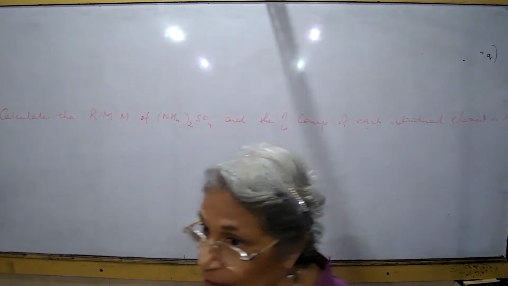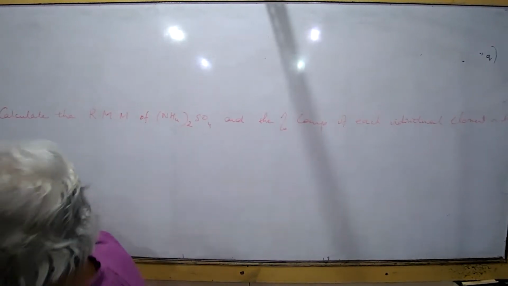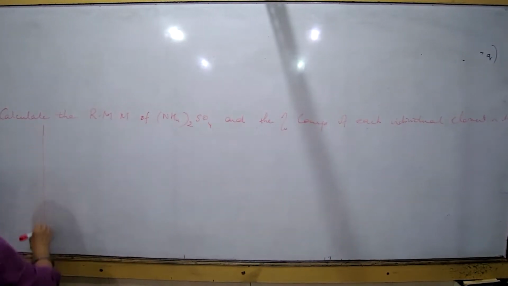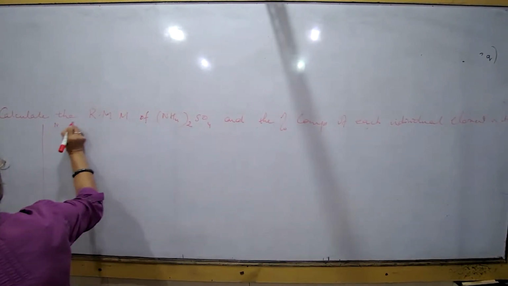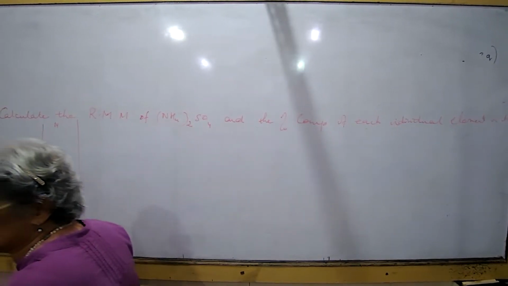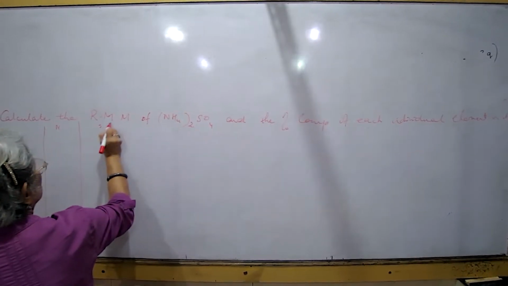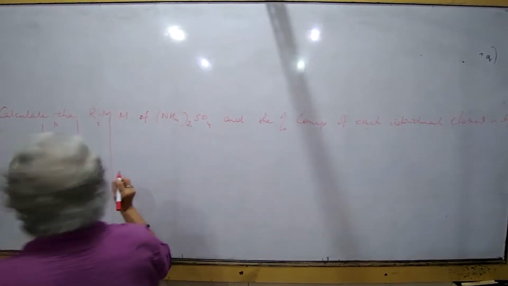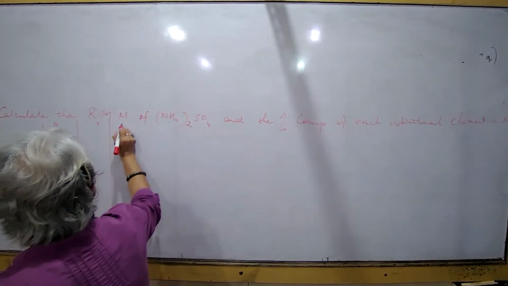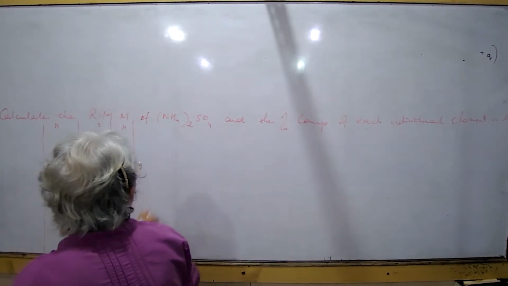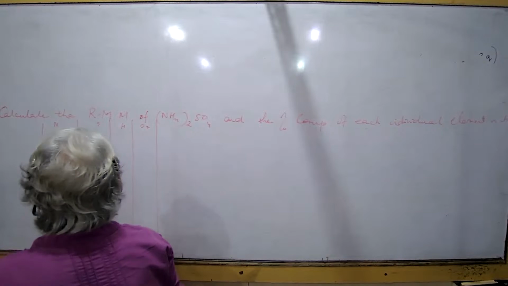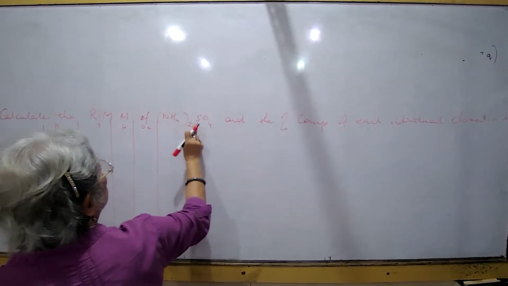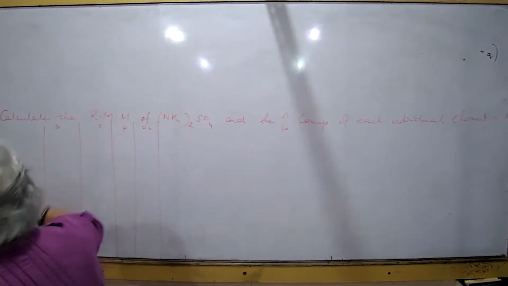So now you come and calculate here the molecular mass. You calculate the amount of nitrogen present, percentage composition. Then sulfur, then hydrogen. Last one is oxygen. Okay, it is 1, 2, 3, 4.